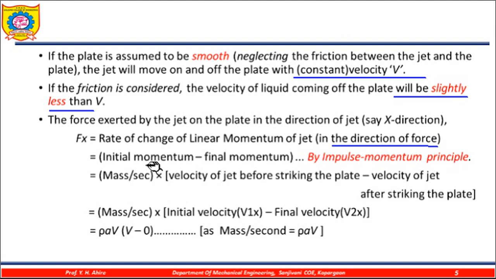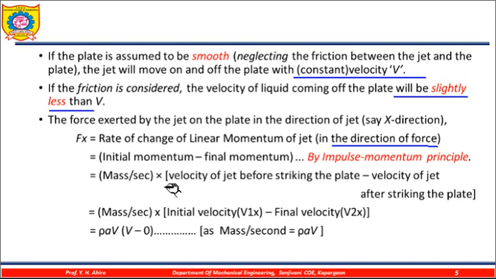Initial momentum is the mass of fluid per second into the velocity of the jet before striking the plate. Final momentum is the mass of fluid per unit time into the velocity of the jet after striking the plate, in the x direction.